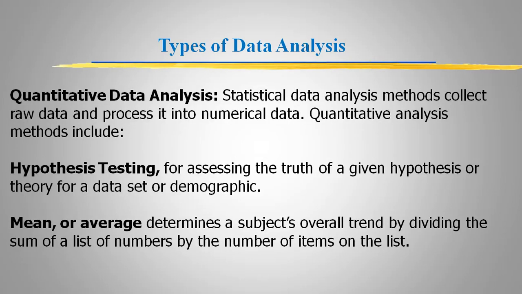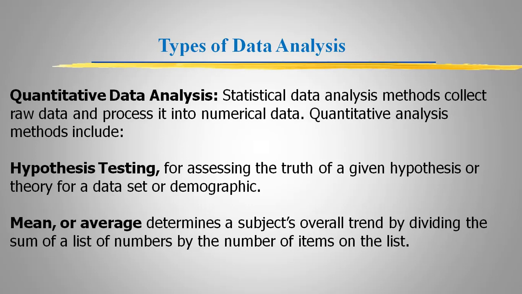Next is quantitative. Quantitative means you have to convert your raw data into numerical data. The statistical data analysis method collects the raw data and processes it into numerical data, which is also called quantitative analysis. It has two things. First is hypothesis testing.